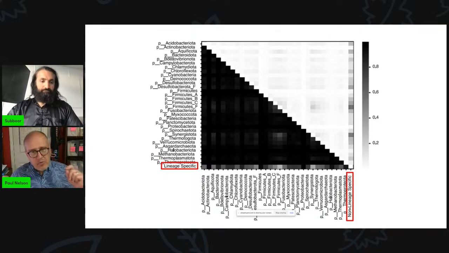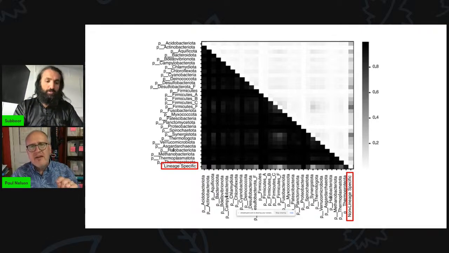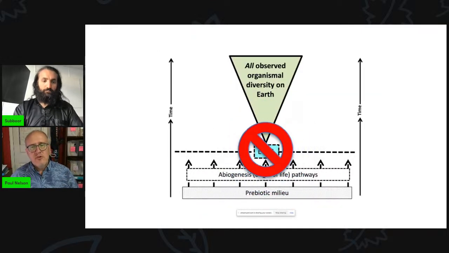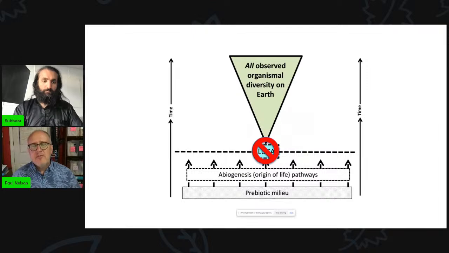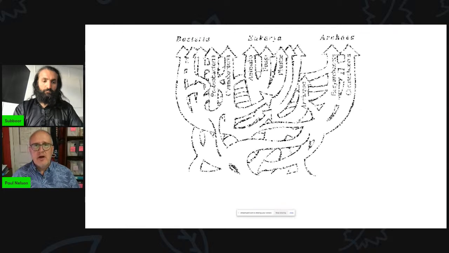Okay, what you see here on this slide is not what one would expect from universal common descent or the existence of LUCA. These patterns of data strongly contradict that geometry. As a consequence, Doolittle and Baptiste did this. Goodbye, LUCA.